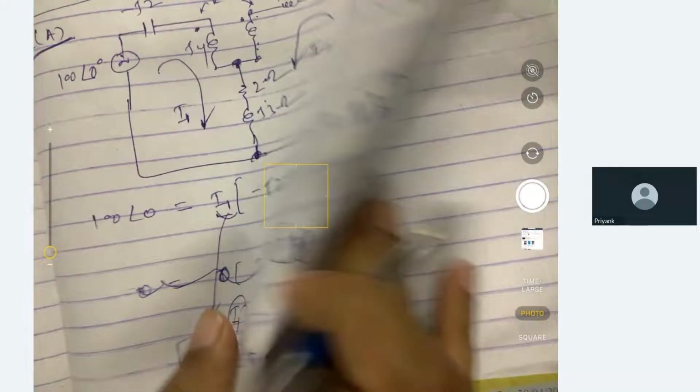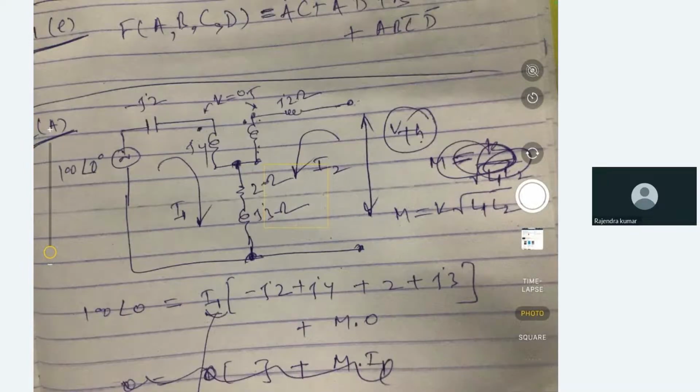Okay, so now Priyank ji, can't we do this question by first converting this mutually coupled circuit into an equivalent T circuit?